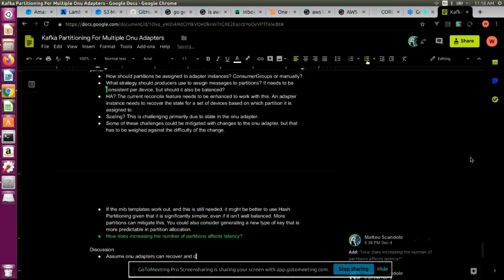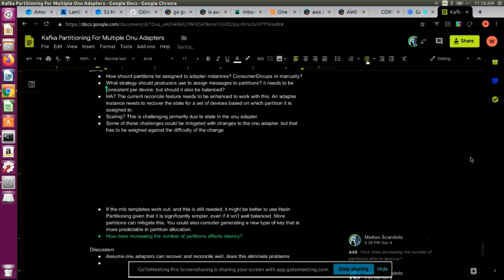Maybe ahead of time, if we know that a particular system is going to support a maximum number of ONUs, we build it out to say we're going to have 5 partitions and 5 ONU adapter instances, and we have them all start up ahead of time and work from a predefined set of conditions, up to what you expect to be the maximum size. Would that at least initially get us the scale and the stability without having to worry about adding new partitions or going higher than the old limit?